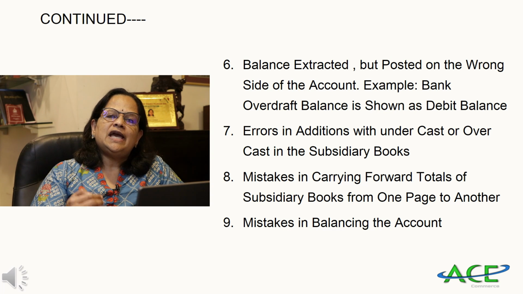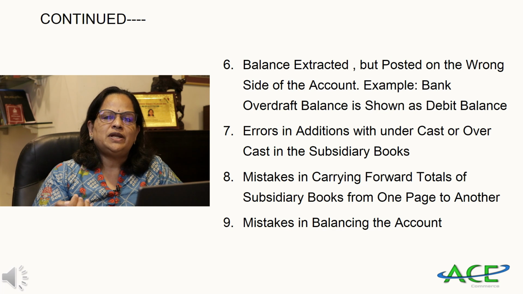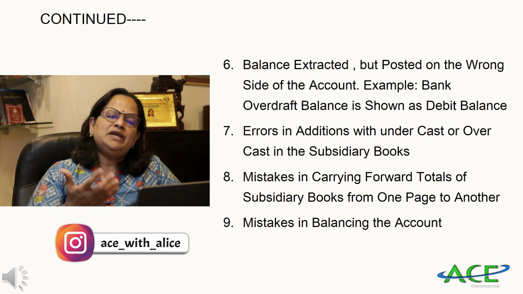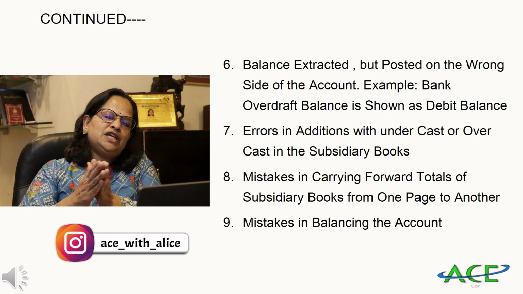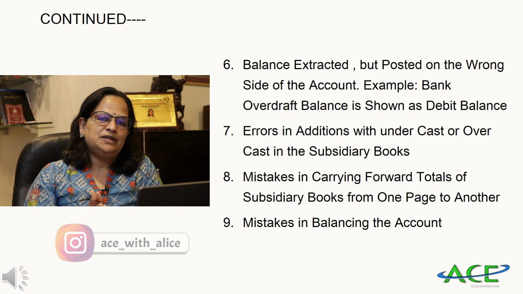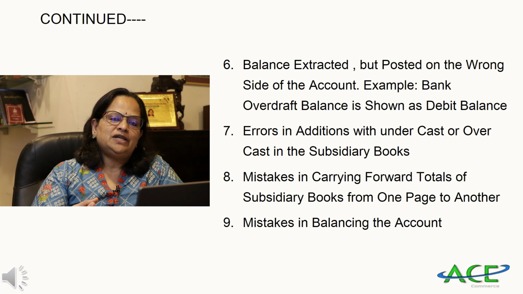Then there are mistakes in carrying forward totals of subsidiary books from one page to another. Subsidiary books will have many pages, so when you carry forward the closing balance from one page, you take it to the next page as the opening balance. When transferring this entry, you make a mistake.